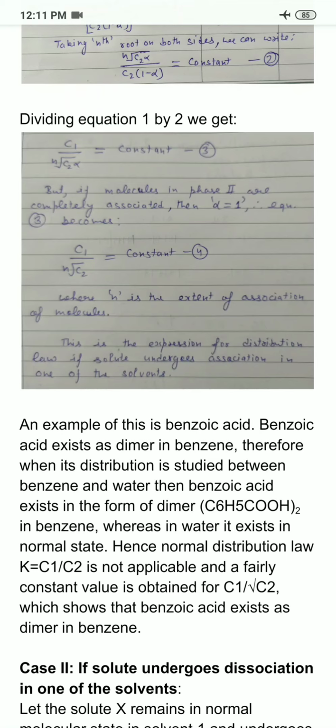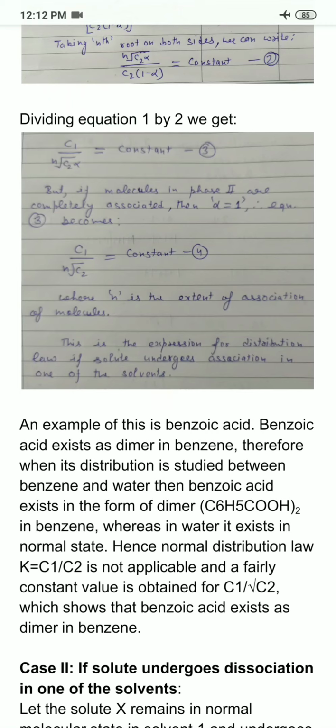Hence, the normal distribution law K equal to C1 upon C2 is not applicable. It means that if I apply K equal to C1 upon C2 for this system of benzoic acid in benzene and water, then the value of K will not come out to be constant, and a fairly constant value is obtained by using the relation C1 upon the root of C2.